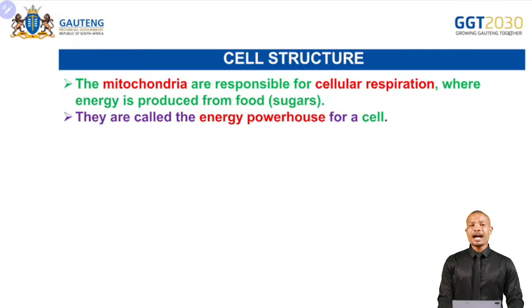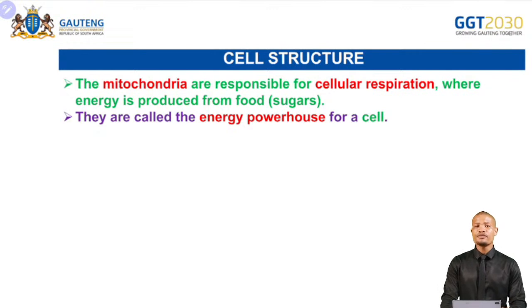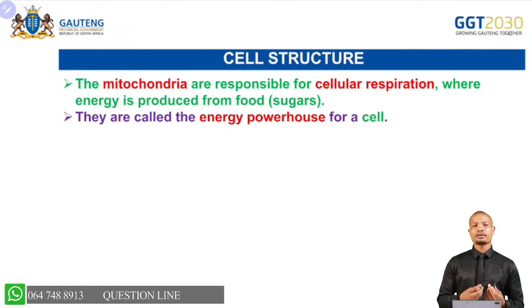The mitochondria are responsible for cellular respiration. And this is where energy is produced from food, or sugars. They are called the energy powerhouse of the cell. Why are they called the energy powerhouse? This is because this is where energy is produced for the cell, okay?